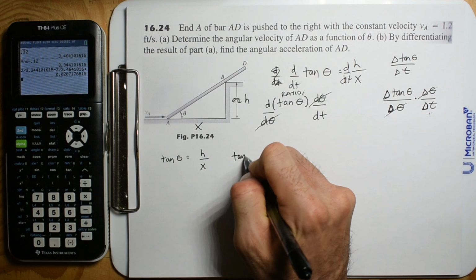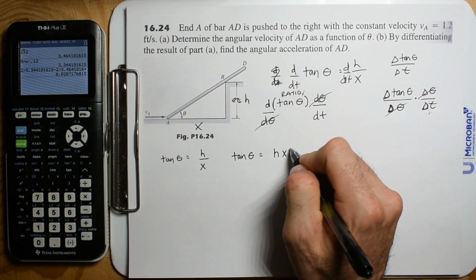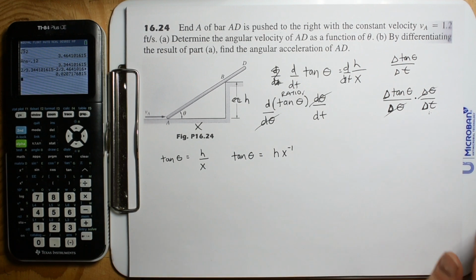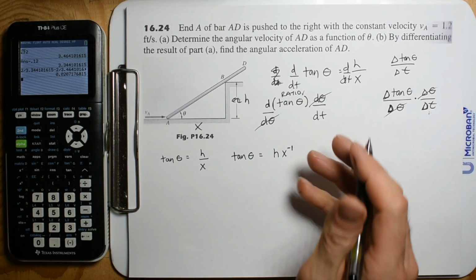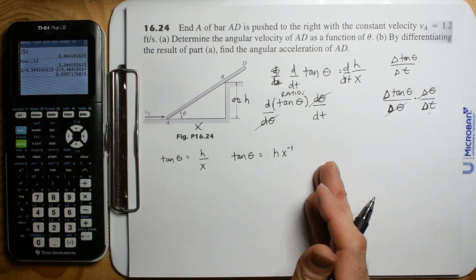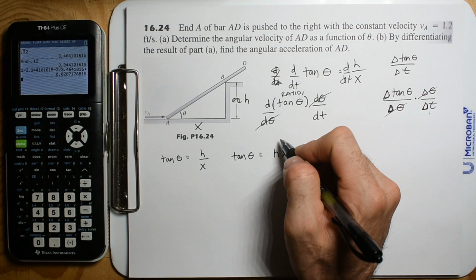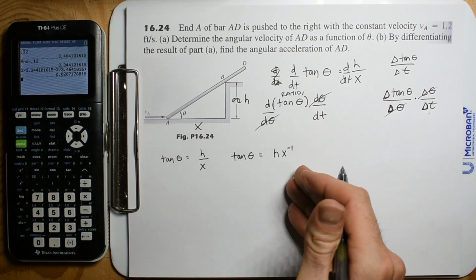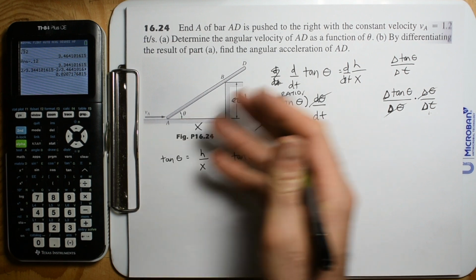So we're going to have tangent theta is equal to h times x to the negative 1. Now the other thing here is let's treat everything like it could be changing. I think one of the worst things that gets taught in differentiation, now actually kind of learning it, is treating constants like, oh, just like a hand waving.